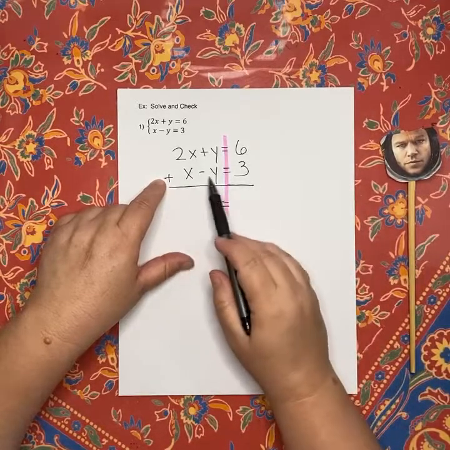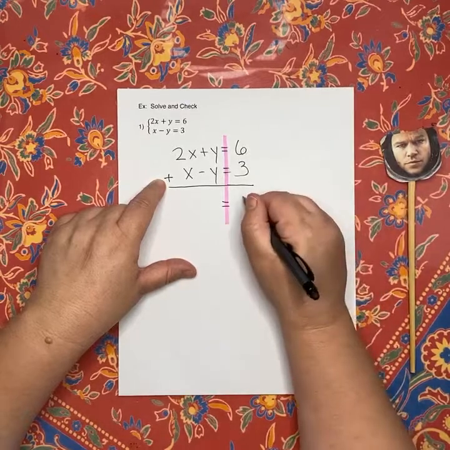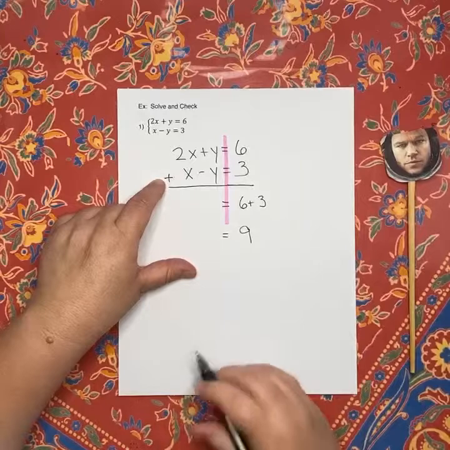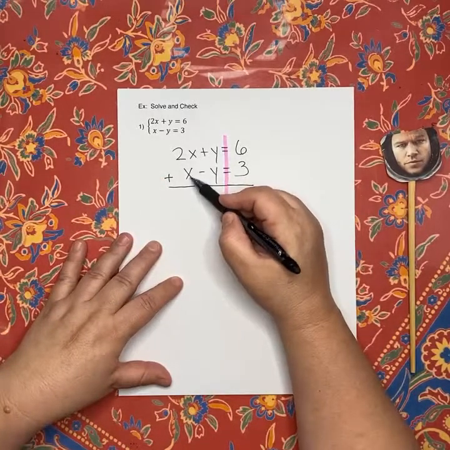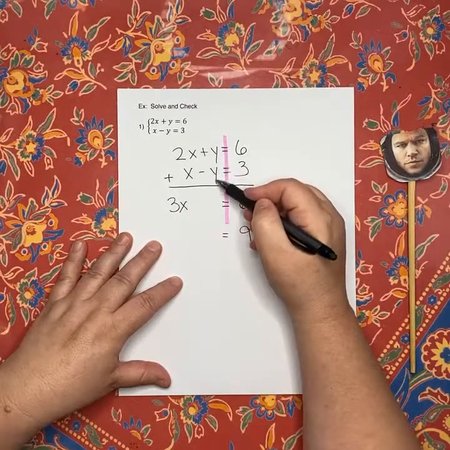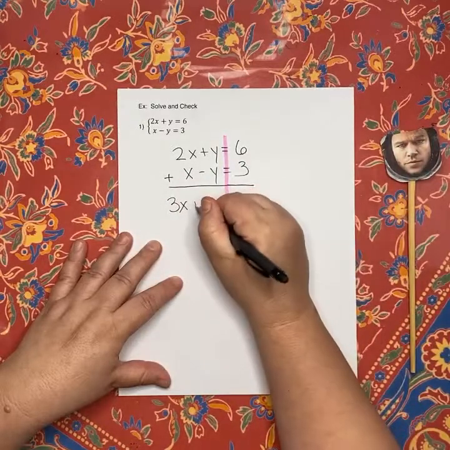I'm going to add the left sides on the left and the right sides on the right. I'll do the right side first, because that's 6 plus 3, or 9. Then over here, I've got 2x plus x. That's 3x. And then plus y minus y. The y's cancel out.